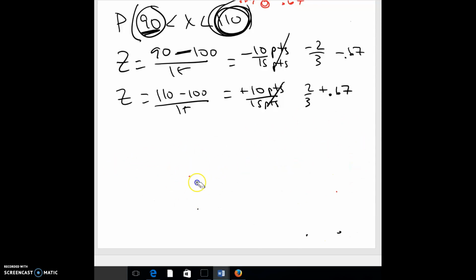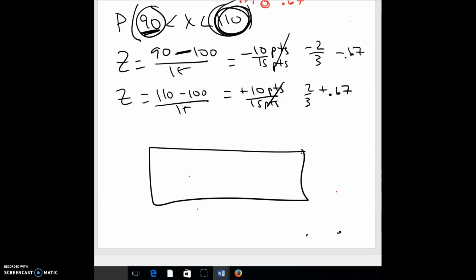All right, so if we think of a rectangle, and say that I tell you the total area is 100 square feet, and you know this area to the left is maybe 25 square feet.